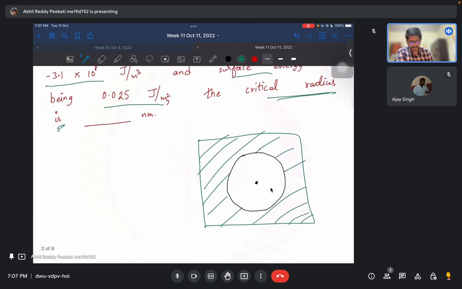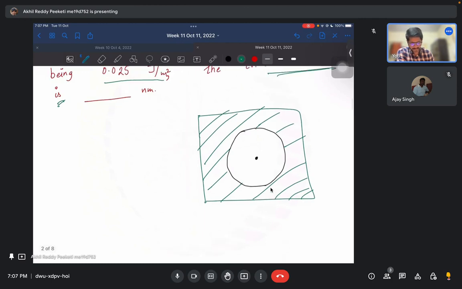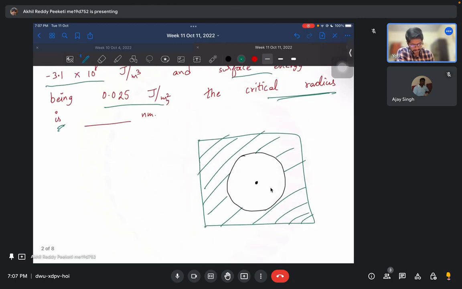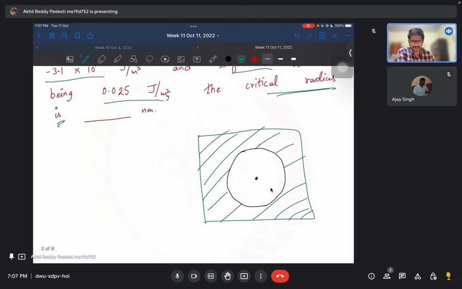So now we are supposed to estimate what is that radius. As the liquid is converting to solid, there is a change in energy because of the conversion of liquid to solid. So that would be a volumetric change. So that energy change due to conversion of liquid to solid would be 4 by 3 pi r cube into delta G V, the volumetric free energy per unit volume converted from liquid to solid.